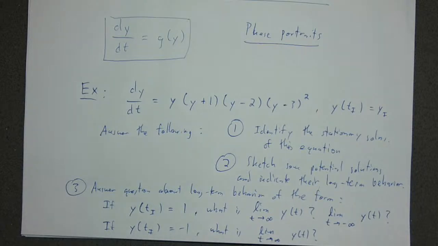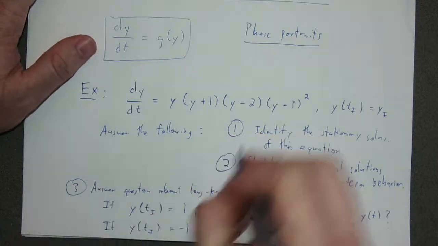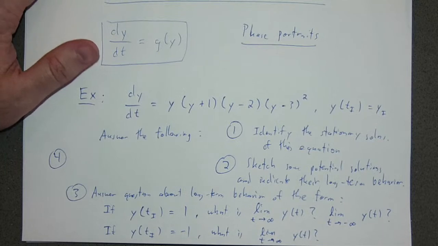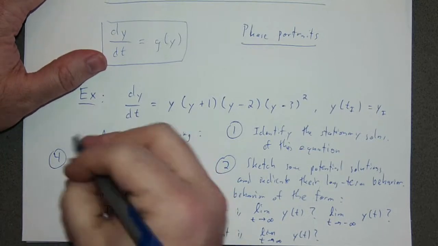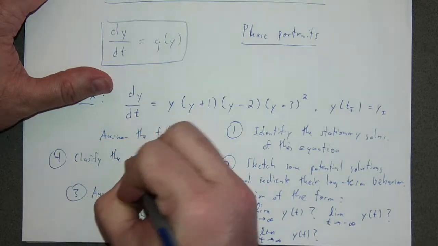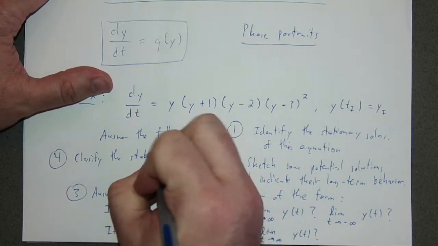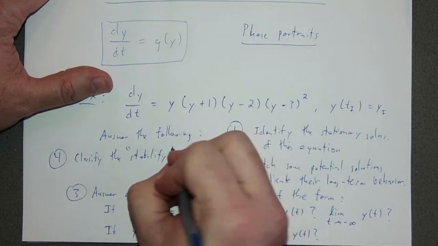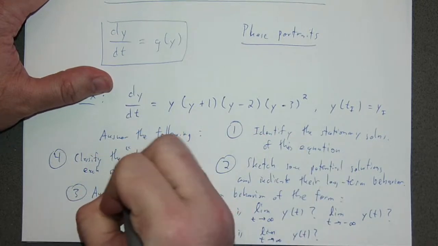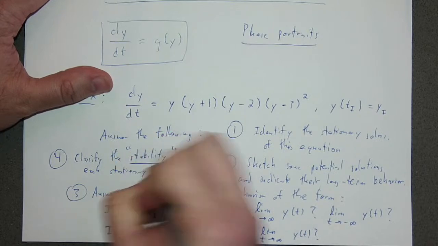And then lastly, I know that this numbering is kind of weird, but I think it's nice to put this all on the same sheet. Classify the stability of each stationary solution or stationary point.